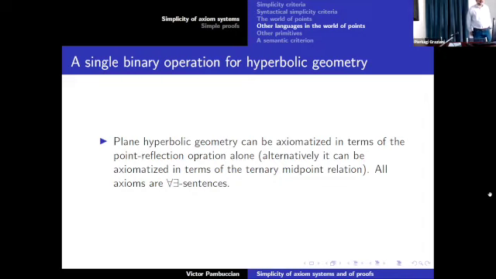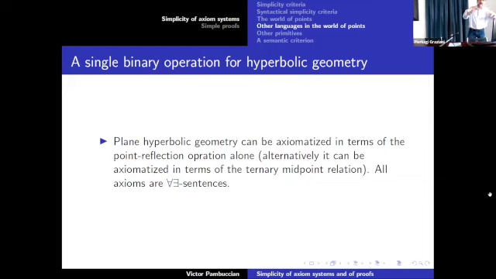But hyperbolic geometry can be axiomatized in terms of the point reflection operation alone, which is a binary operation. You have 2 points, A and B. Sigma of AB is the reflection of B in A. This is all you need.